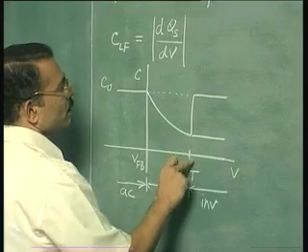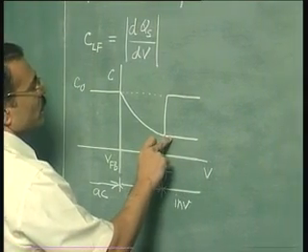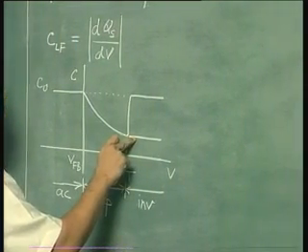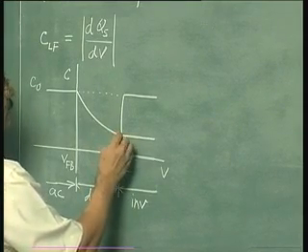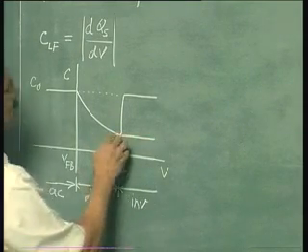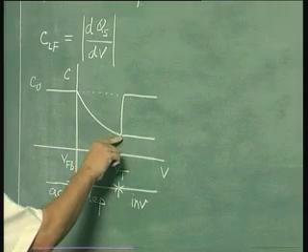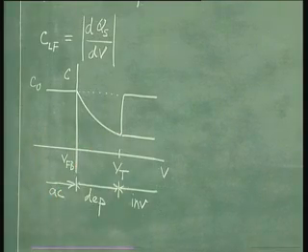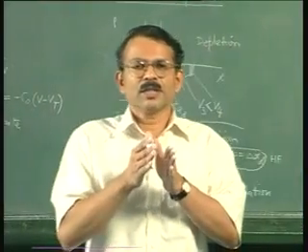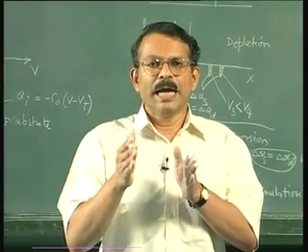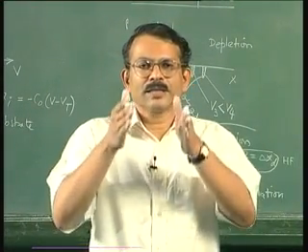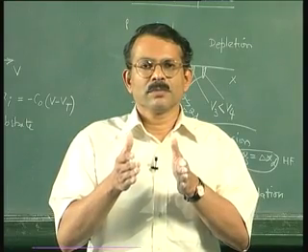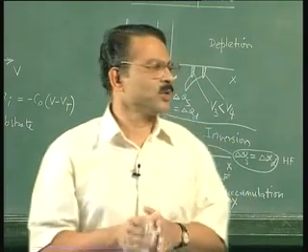changing beyond threshold, because the incremental charges are now coming from the edge of the depletion layer, which means the capacitance therefore saturates to the value at this point, because the edge of the depletion layer is not changing much in inversion. The width of the depletion layer is saturating.